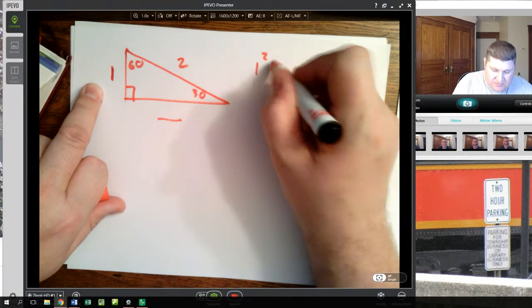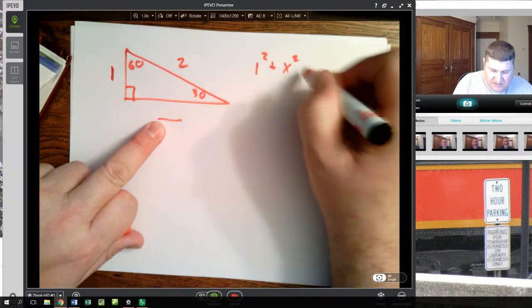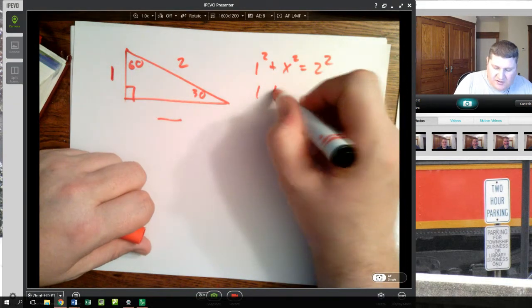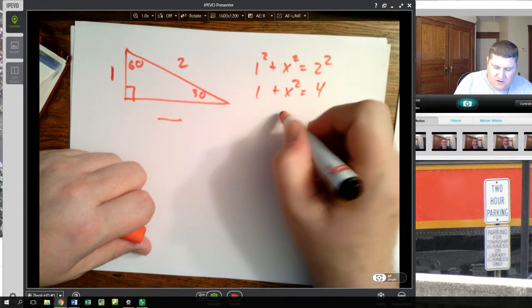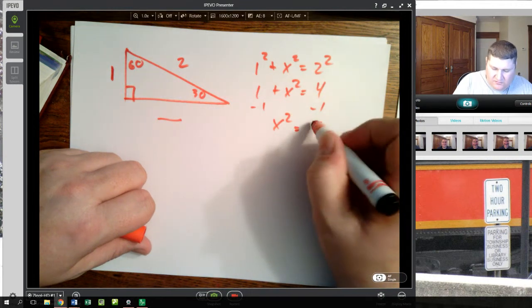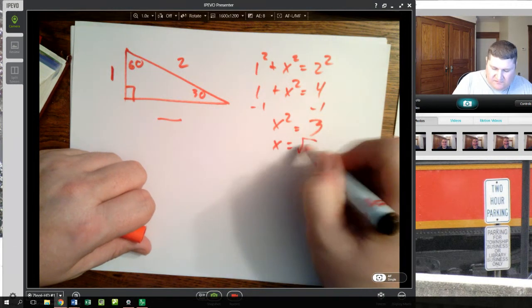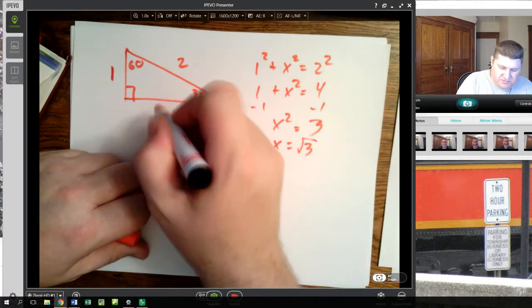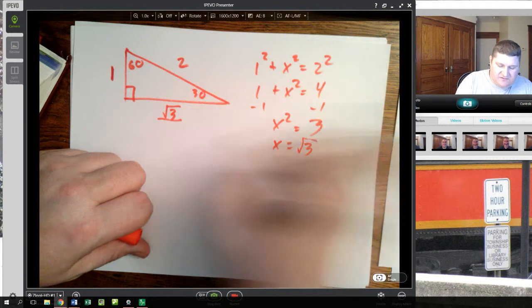Leg squared plus leg squared equals hypotenuse squared. 1 plus x squared equals 4, minus 1, x squared equals 3, x equals the square root of 3. We don't use the minus version because it's a distance, so we only care about the positive. It is square root of 3.